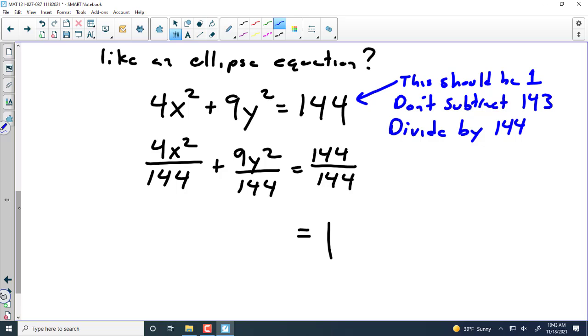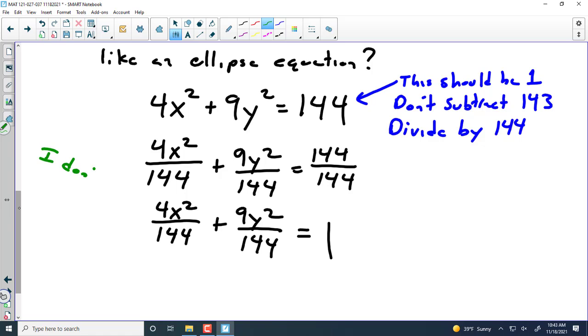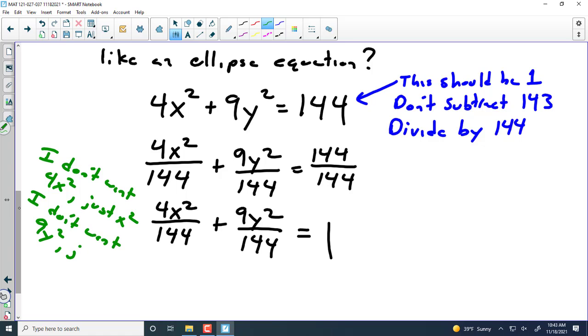The problem with this now, everyone, and as I said on this first example of this, I show every little step just so we're all clear on what's happening. What I say is, I don't want 4x squared, just x squared. I don't want 9y squared, just y squared.